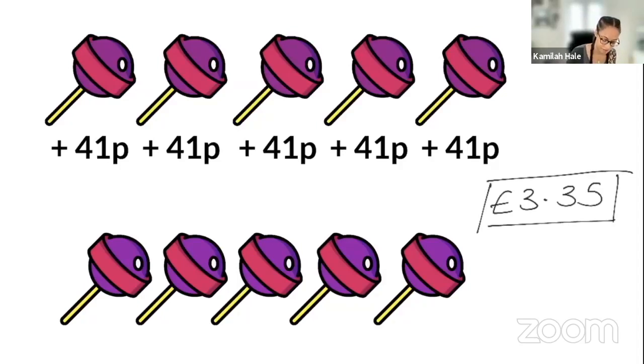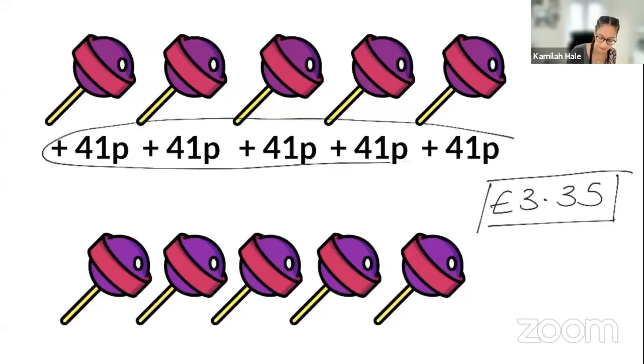So if all of this adds up to £2.05, then we know that 10 lollipops plus £2.05 equals £3.35. I'll let that sink in for a second.